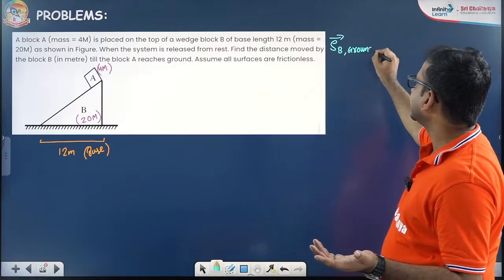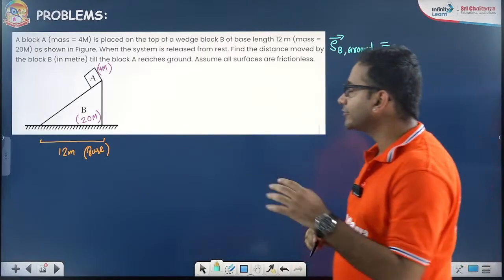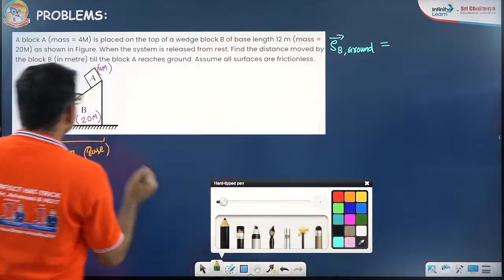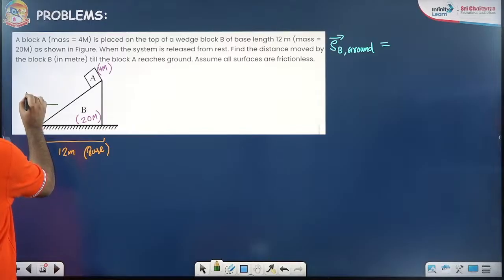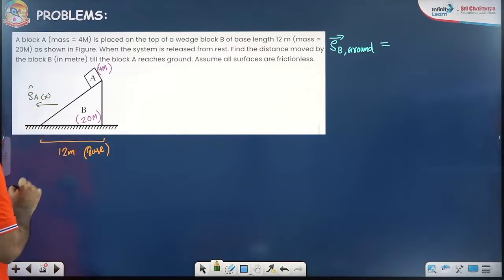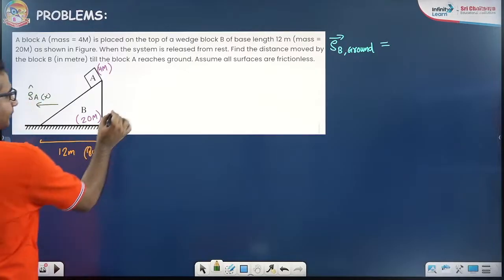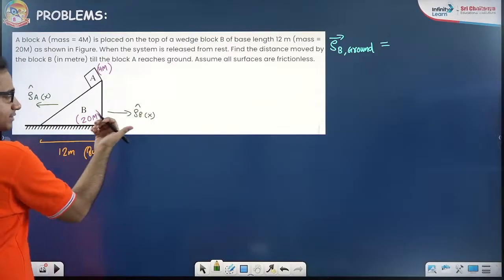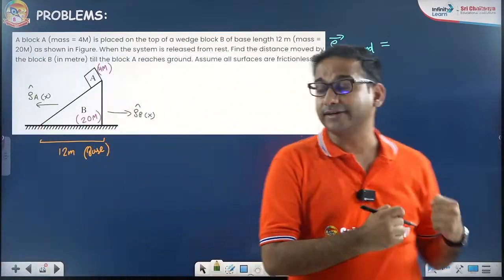So obviously, in which direction will it be moving? When block A is coming down, the displacement of A in the x direction is in this direction, cap I am writing as unit vector, and the displacement of B in the x direction is in this direction. Cap means unit vector, direction.